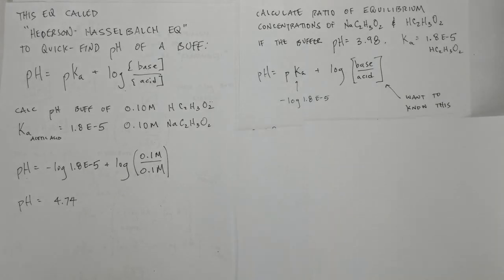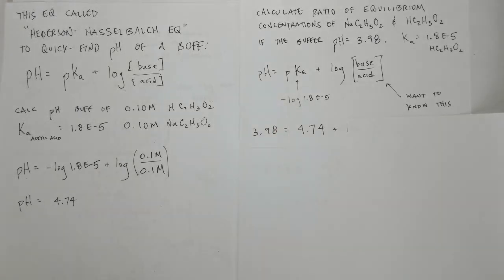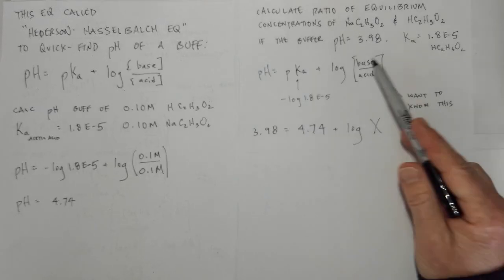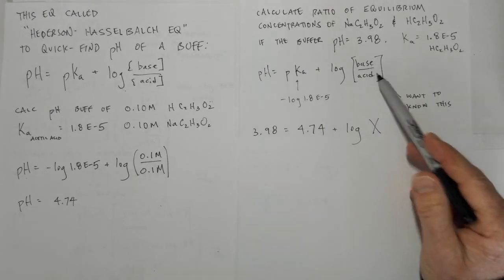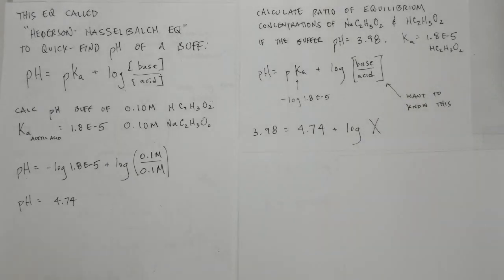So my equation becomes 3.98 is equal to 4.74, because that's what the negative log of 1.8 times 10 to the negative fifth is, plus the log of x. I'll call this ratio of base to acid x. So bringing 4.74 over to the other side, the log of x is equal to negative 0.76.